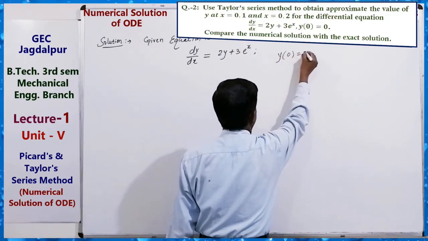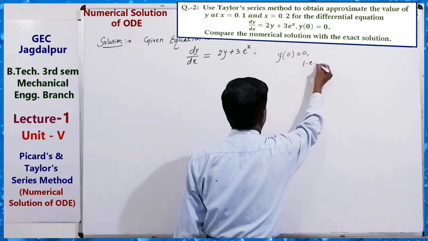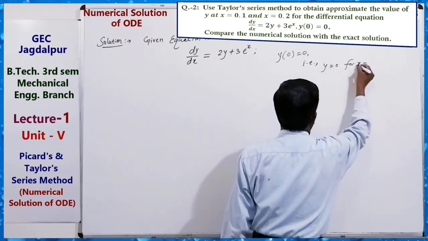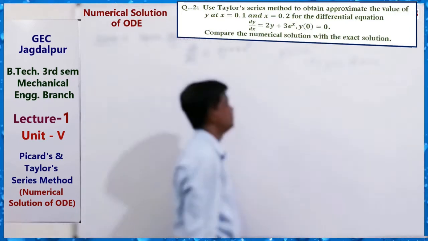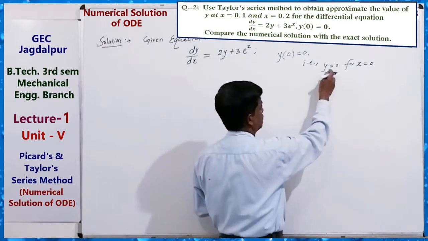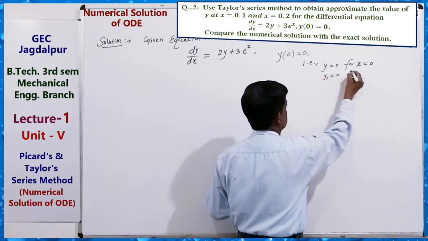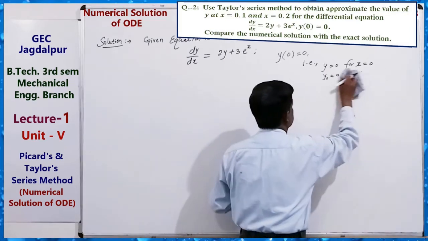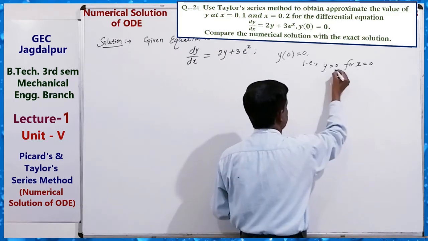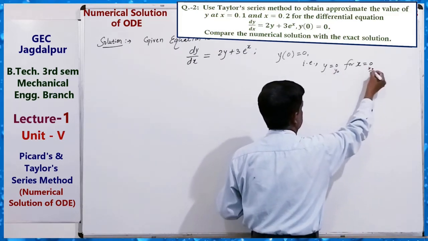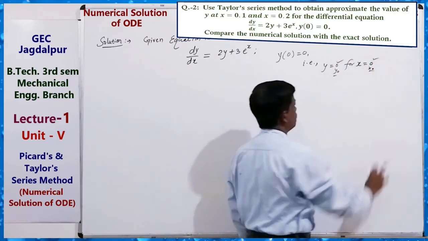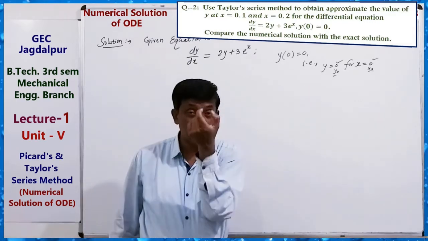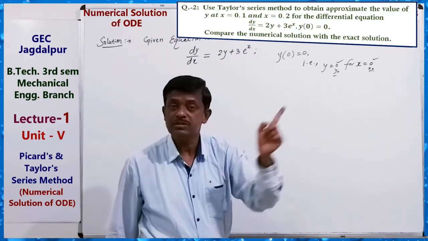That is, y equals 0 for x equals 0. That is, y0 equals 0 for x0 equals 0. Clear? The value of y0 is 0 and the value of x0 is 0.